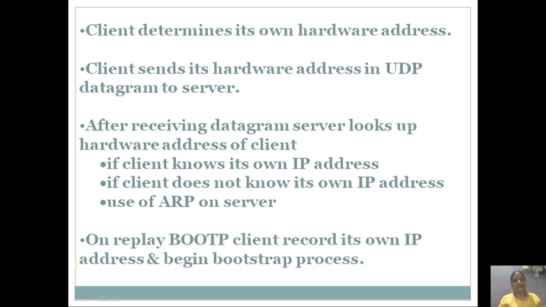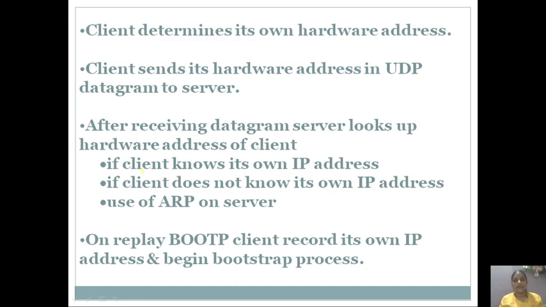Next, the client determines its own hardware address. The client sends its hardware address in a UDP datagram to the server. The next point is important. After receiving the datagram, the server looks up the hardware address of the client.